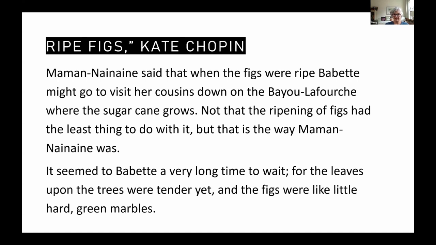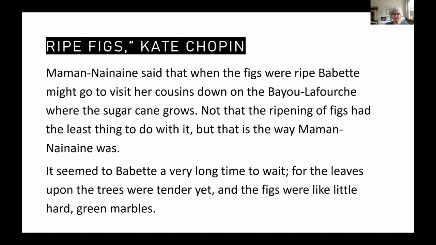Whose consciousness is that from, that explanation of the ripening of figs? Is it the narrator or is it Babette? Or is it the narrator being an omniscient, limited omniscient third person narrator inside Babette's consciousness? So it seems to me that yes, inside Babette's head.